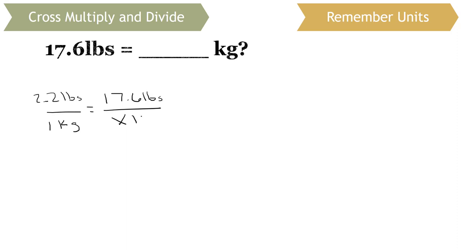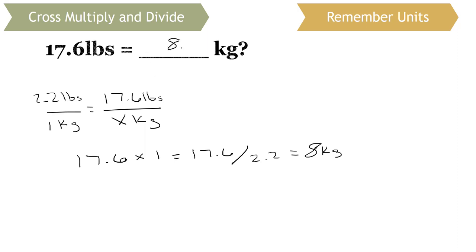And how many kilograms would that be? So you're going to cross multiply 17.6 times 1 gives you 17.6. Divide 2.2 equals 8 kilograms. So our answer is 8.